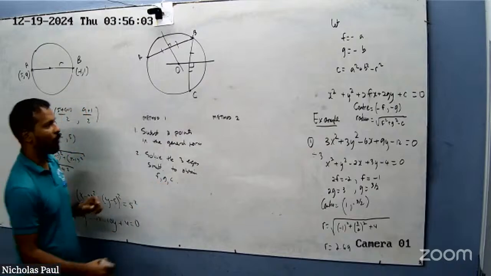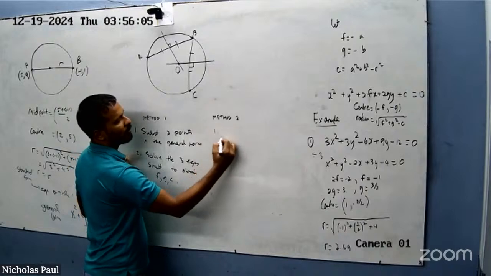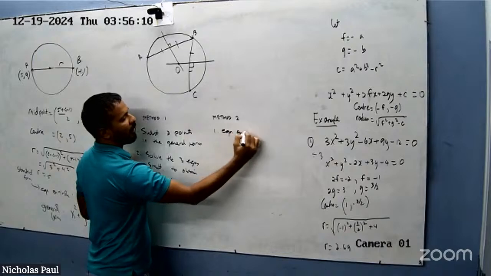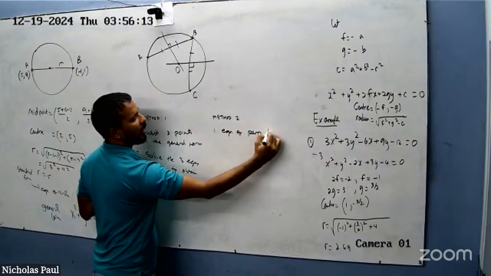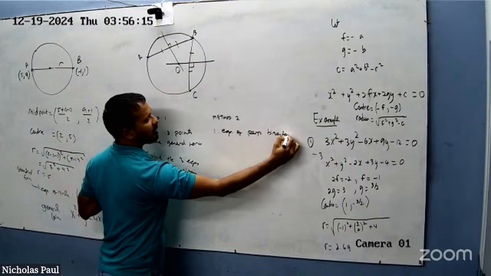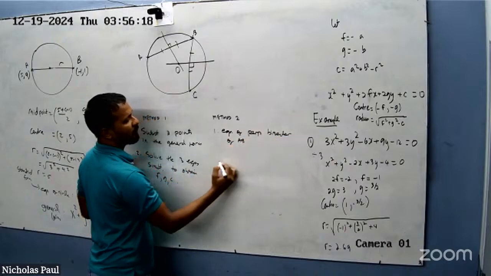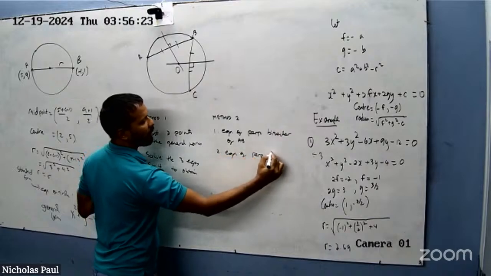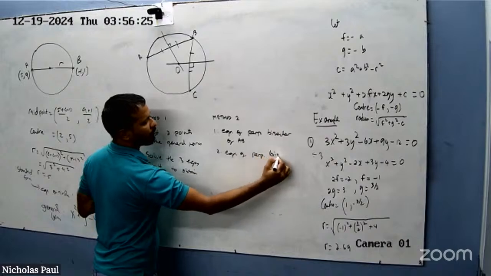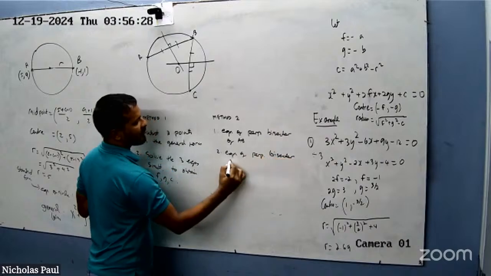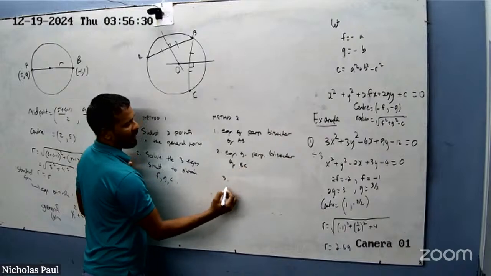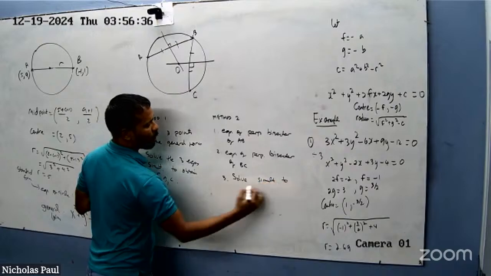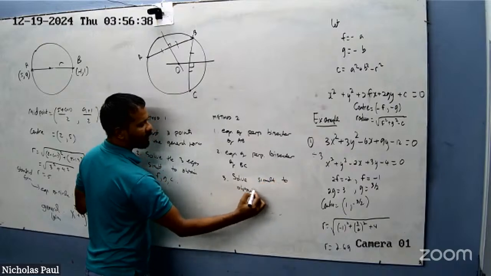That's method 1. Method 2: get the equation of the perpendicular bisector of AB, get the equation of the perpendicular bisector of BC, and then 3, solve simultaneously to obtain the center.